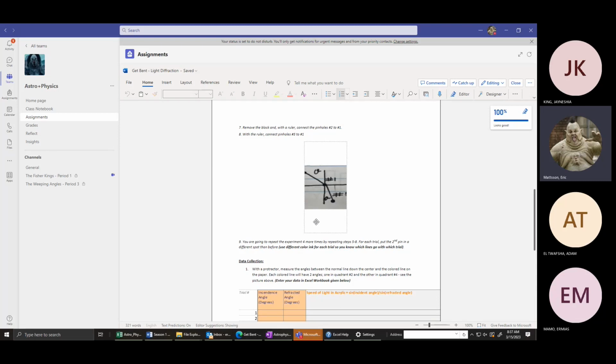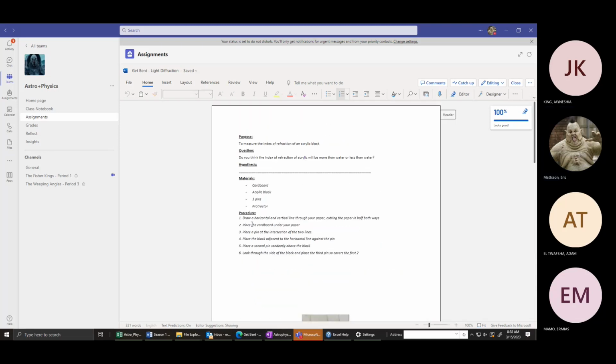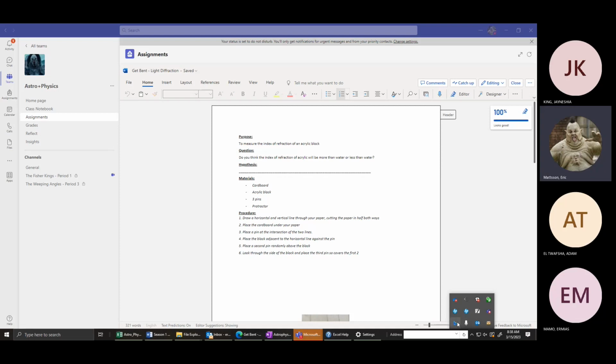All right, so here are the procedures. This is a bit confusing, so I'm going to draw a little picture of what these mean.